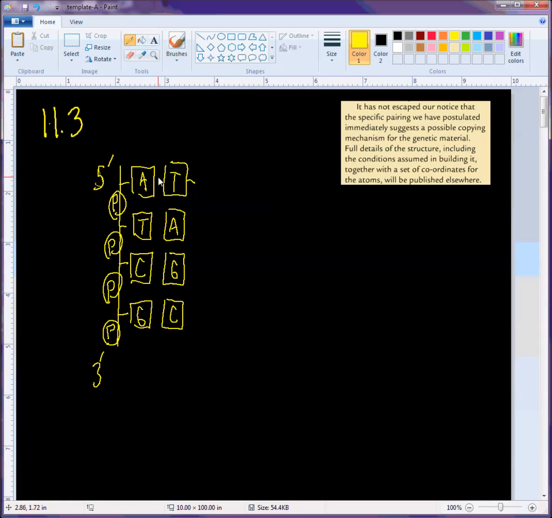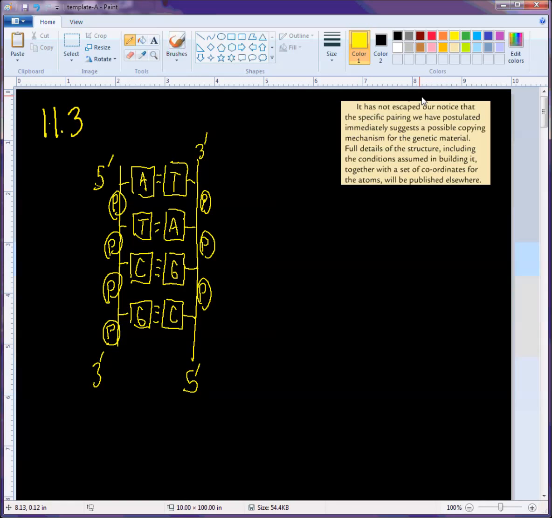So A pairs with T, 2 hydrogen bonds between those, 3 between C's and G's, and I can draw the phosphate backbone here that links the nucleotides together. And anti-parallel, so 5' carbon down there, 3' carbon up there, and we have essentially a diagram of double-stranded DNA.